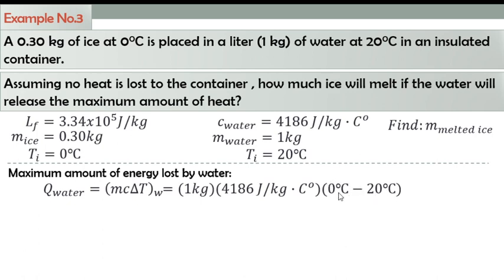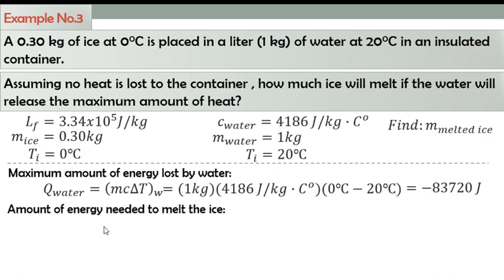So 0 degrees Celsius is our final temperature because this is the temperature that the water must reach to lose its maximum amount of energy. And the initial temperature of our water is 20 degrees Celsius. Computing for the amount of energy lost by the water, it will give us negative 83,720 joule.